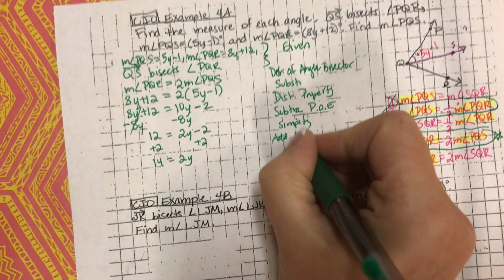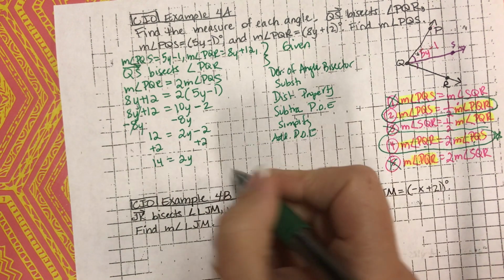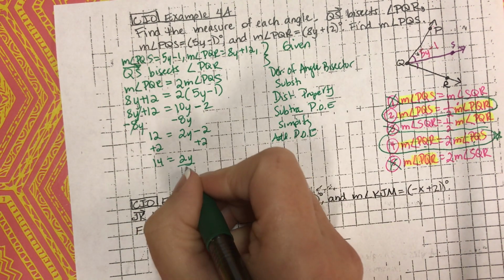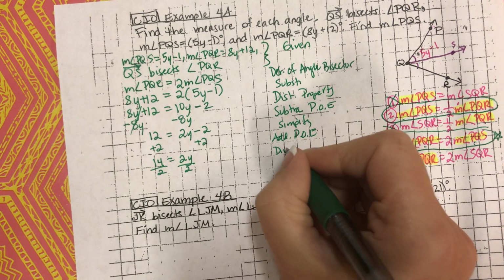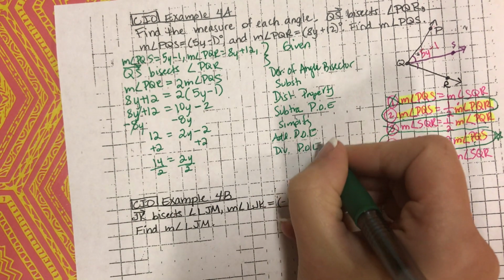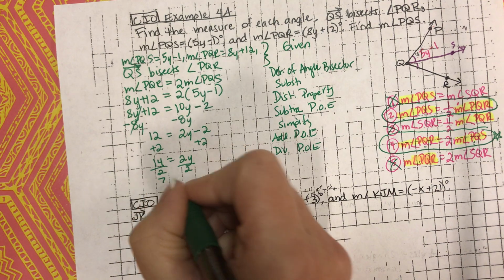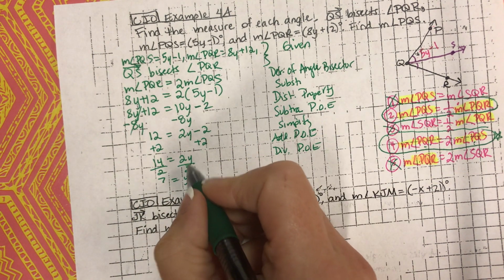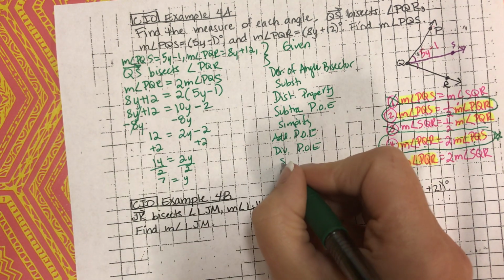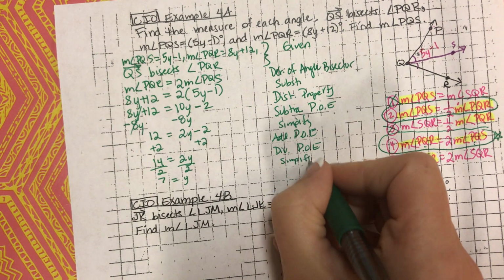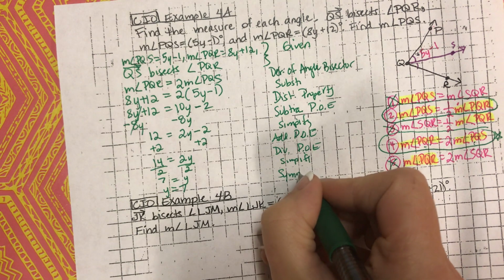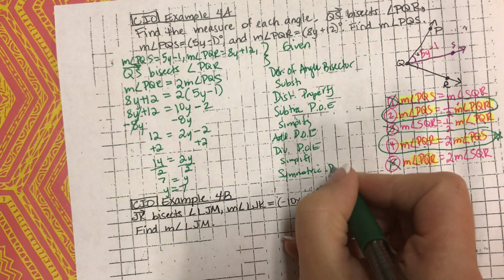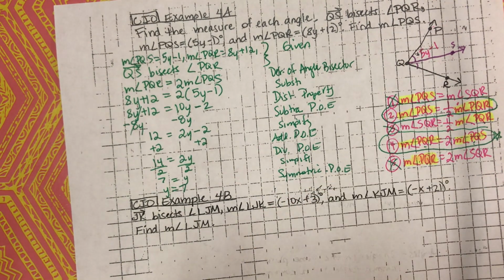Okay, so addition property of equality. Trying to get y by itself, I divide by 2 on both sides. That is the division property of equality. I end up with 7 equals y. That's 1 times y, which is y. Let's just simplify, but I'm going to write y equals 7 and use the symmetric property of equality to do so.